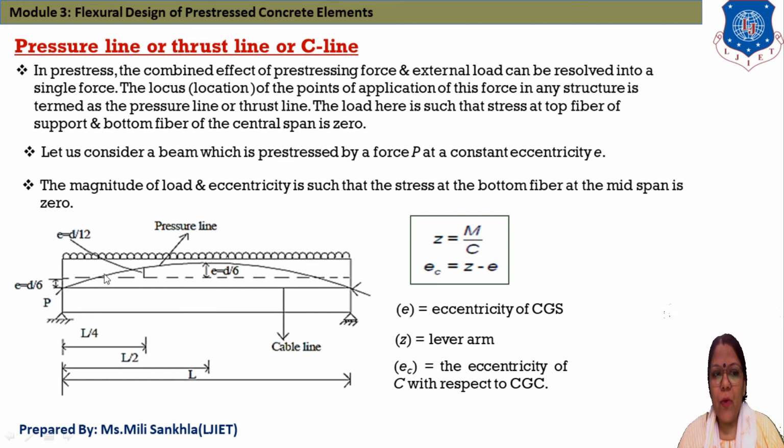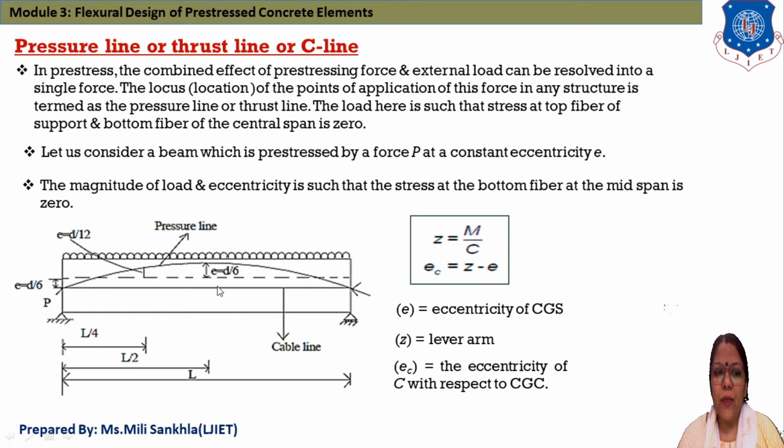Now this cable is deflected this way, and this cable line, this pressure line or thrust line, is the single line of the resultant of our pre-stressing force and second our external load. The cable is given in down. And this is the deflection of our pressure line.